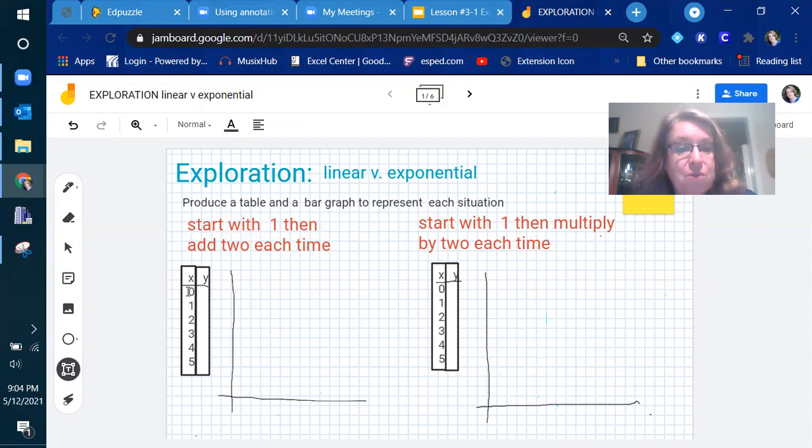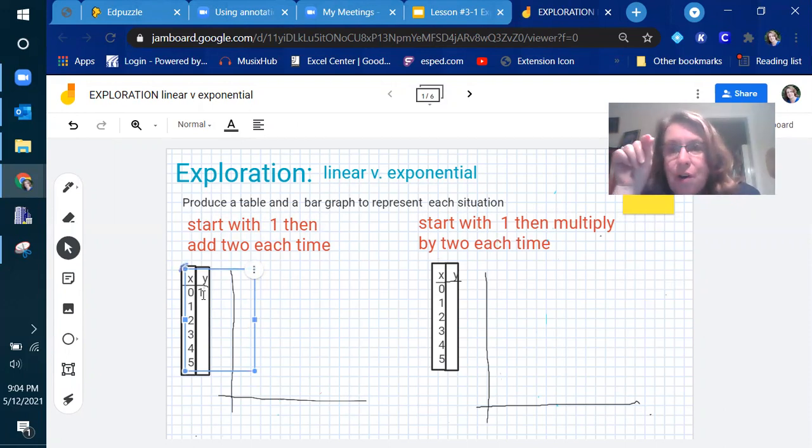I am going to do the table first. Let's see, I've got my table, and I'm going to edit it. At 0, that's the starting point. So I'm going to start with 1, and that's my starting number. Again, to look at the starting number on a table, the X is 0. 0 marks the starting point.